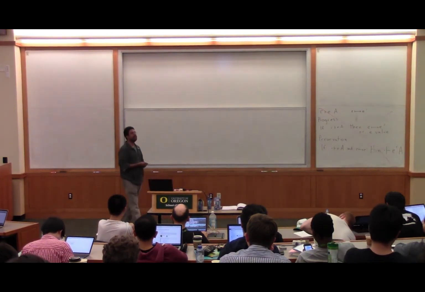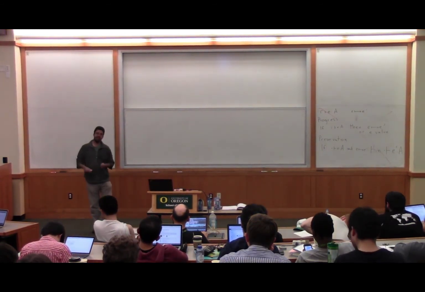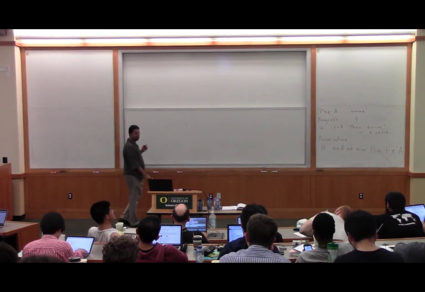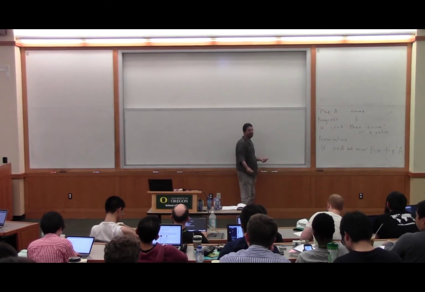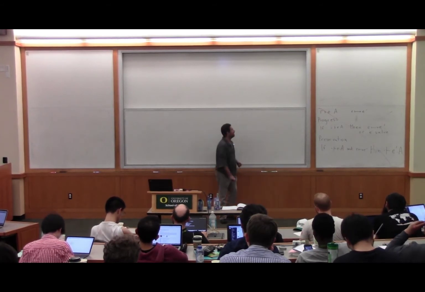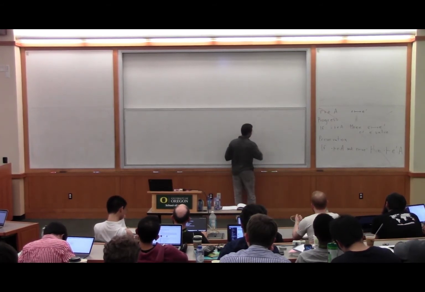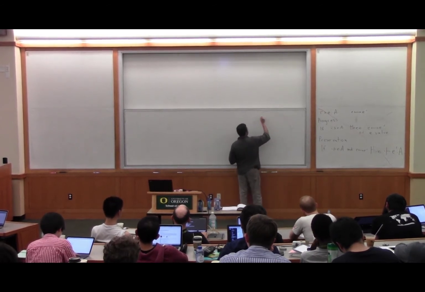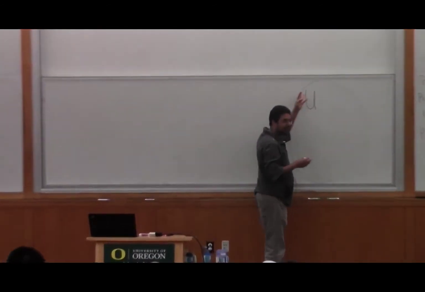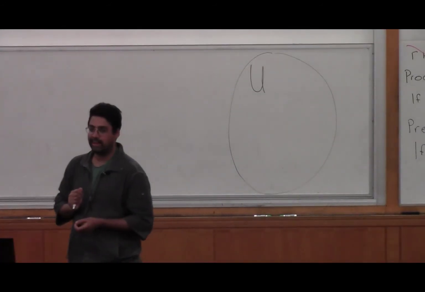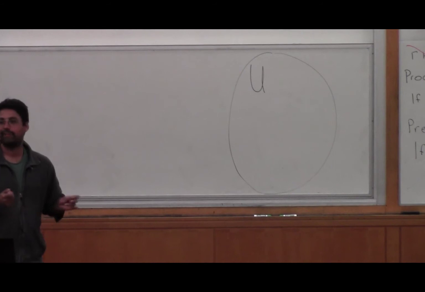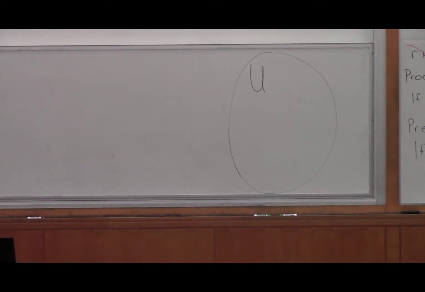So what we've got at the end of the day is some programming language in which you can write all sorts of programs, some of which will crash, some of which will behave correctly. And so we'll say we have some untyped universe U. And this is the universe of programs, or the untyped programs, or the unacceptable programs, or whatever you want U to stand for.